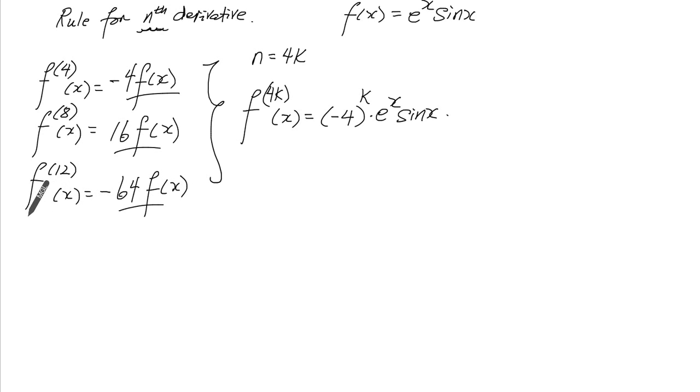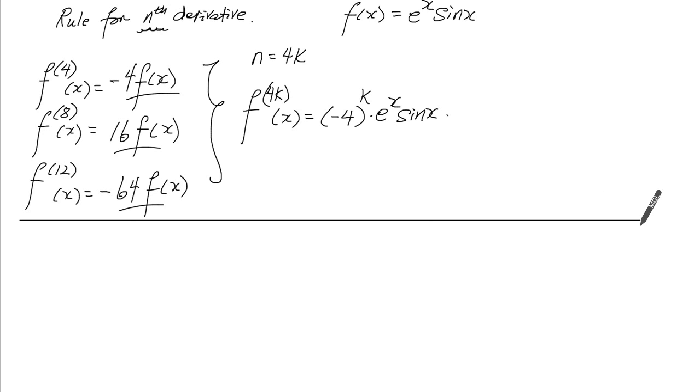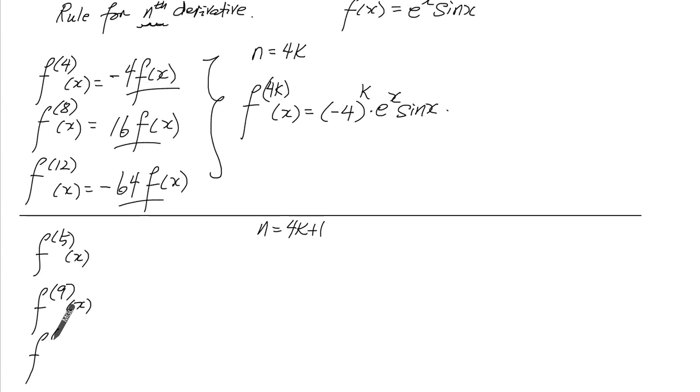Now we can do a similar thing to come up with a pattern when n is equal to a multiple of 4 plus an extra number. So those are the 5th derivative, the 9th derivative, and the 13th derivative.